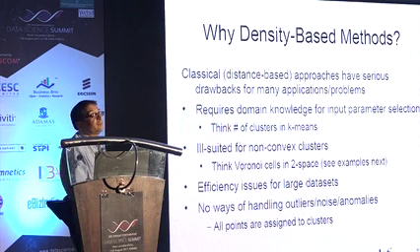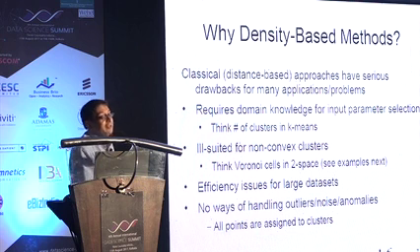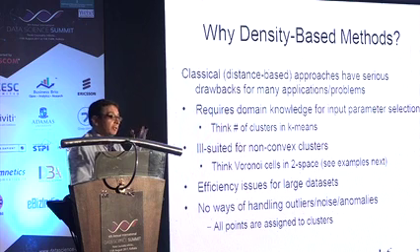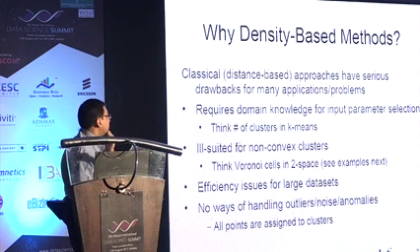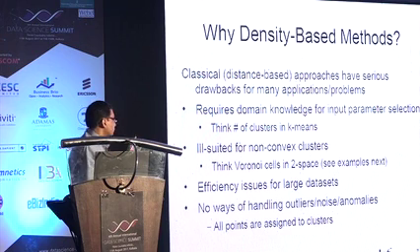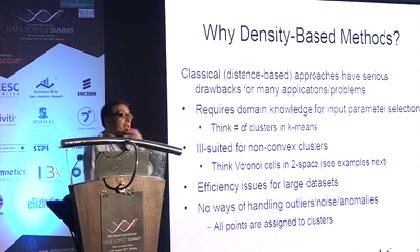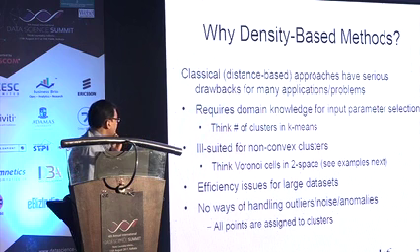Number two, they are ill-suited for non-convex clusters. Number three, efficiency issues. If you have really big data and huge data sets, they don't scale. And the last point, no way of handling outliers, noise, or anomalies. And we'll see an example.